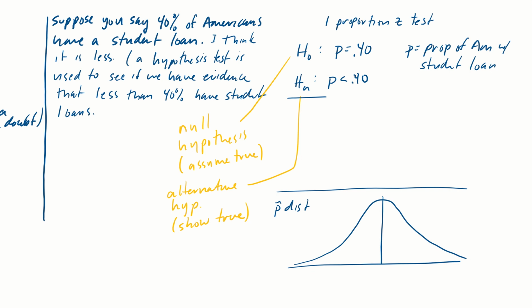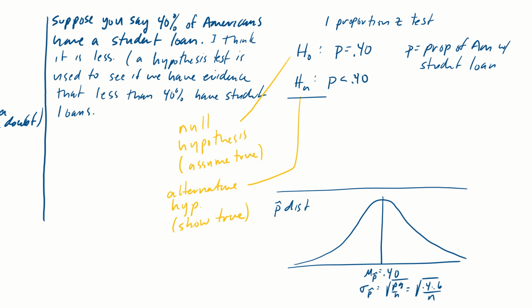So the mu sub p hat is 0.4. That's the center. And the standard deviation is sigma sub p hat, the square root of pq over n, the square root of 0.4 times 0.6 over n. I don't know what n is yet. We'll leave it at that.